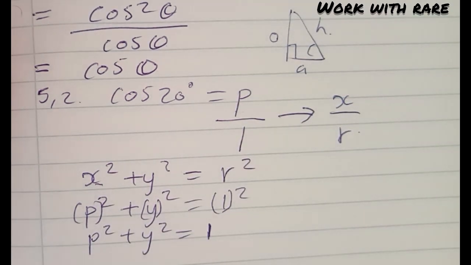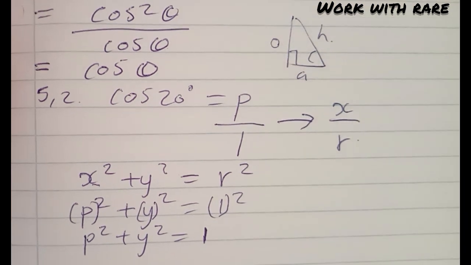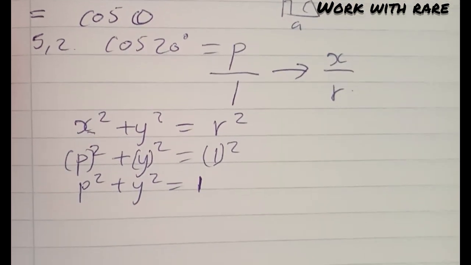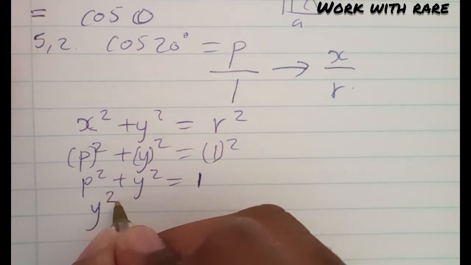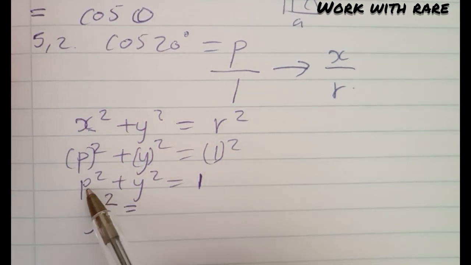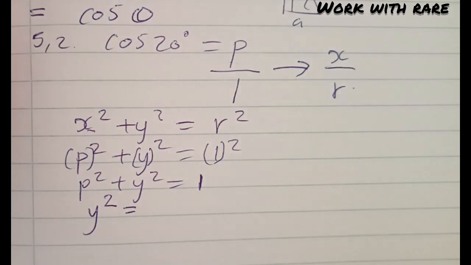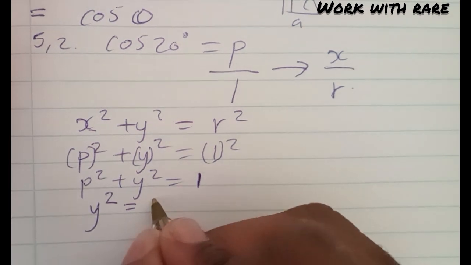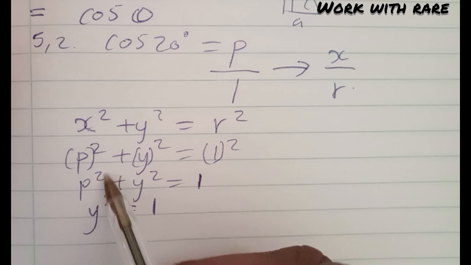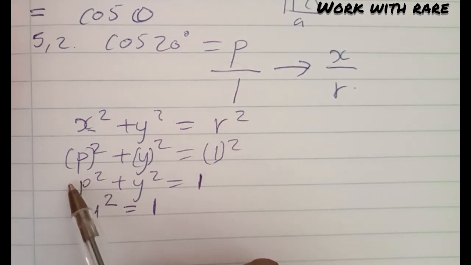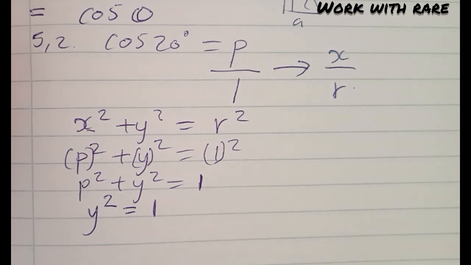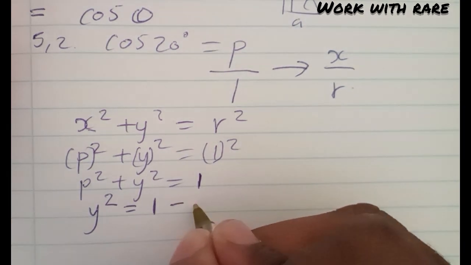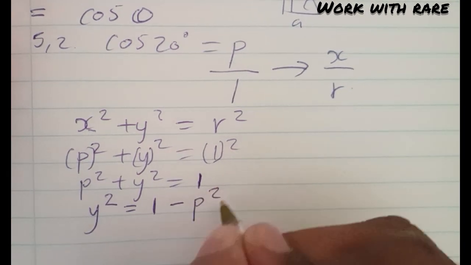Okay, but I'm looking for the value of y. So I will leave y this side, but I will take p to the opposite side. P here was positive, it doesn't have a negative sign, so when I take it to the left-hand side, it will be negative. So it will be negative p squared.